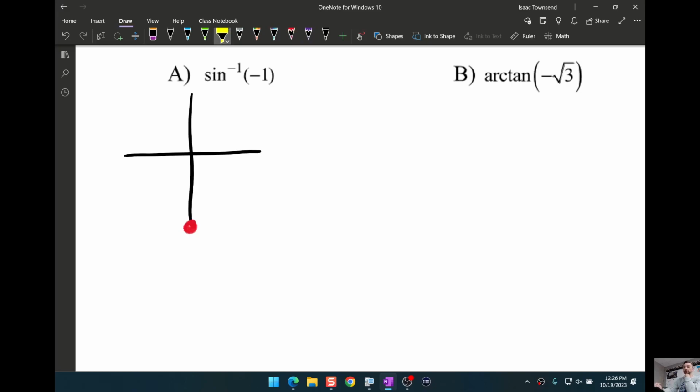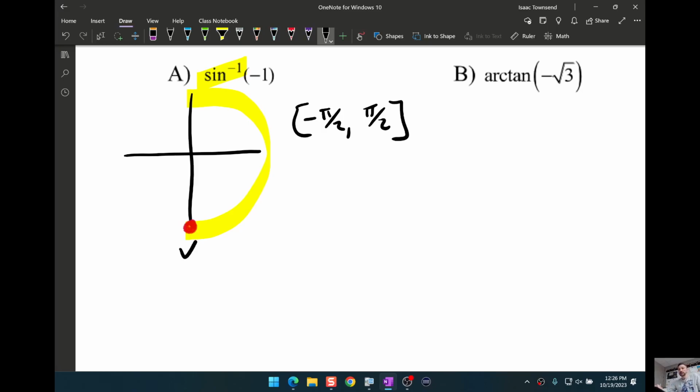Step 2, draw in the range of inverse sine. Inverse sine is -pi/2 to +pi/2. Your answer is going to come from the spot where sine was -1 within the range of inverse sine. So what is this angle here? Okay, what do we normally call this angle? Oh, 70 degrees.